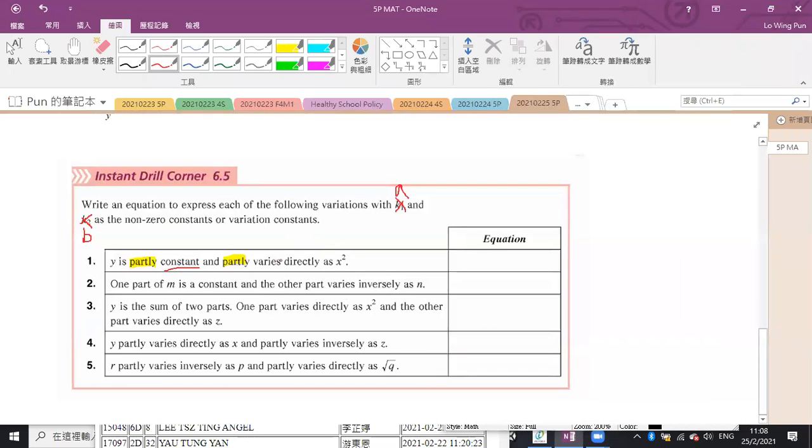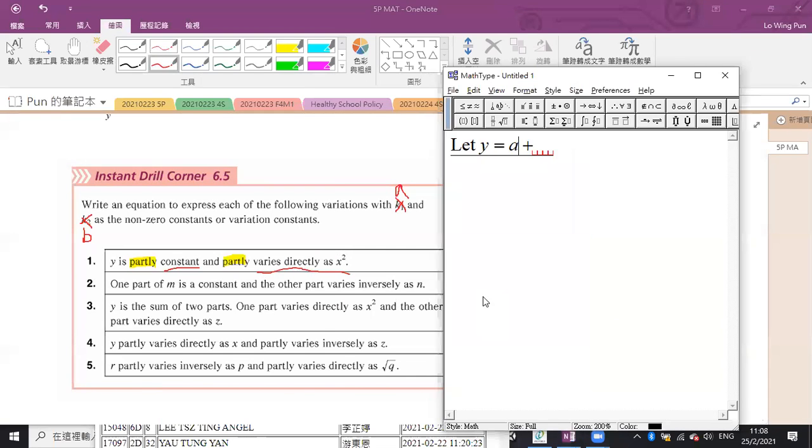And then the second part is varies directly as x squared. It is about x squared in direct variation. Okay, so we are going to use kx squared normally, but we're going to use b here times x squared. No fraction for this, right? Because it is direct variation, where a and b are not equal to 0.